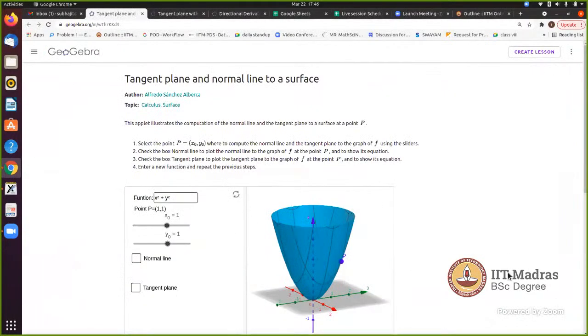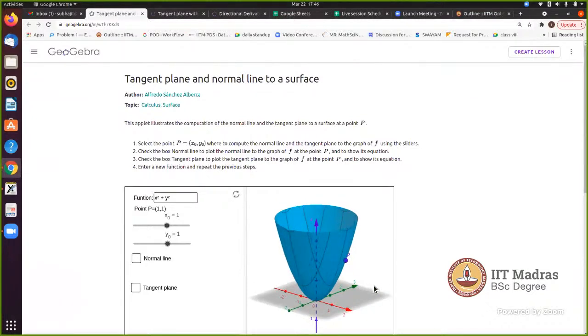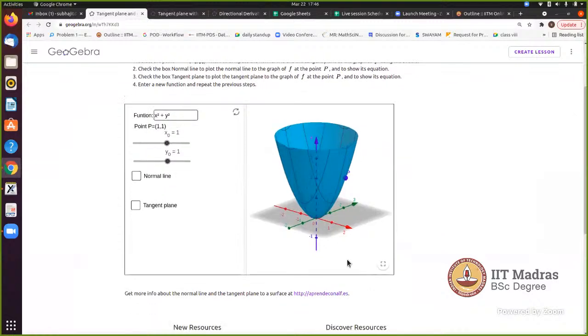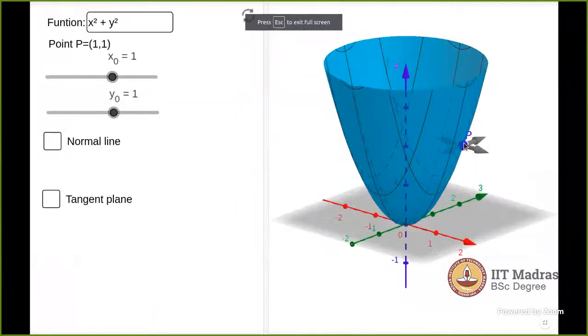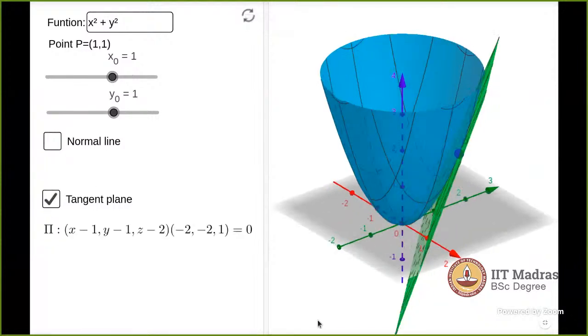So here is another function, z equal to x square plus y square. At 1 comma 1, this P point is your 1 comma 1. If I first draw the tangent plane, this is how the tangent plane will look.